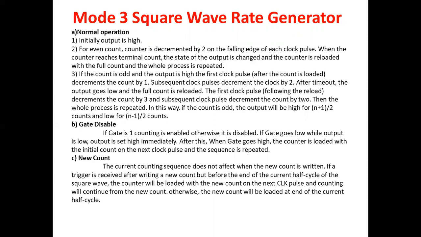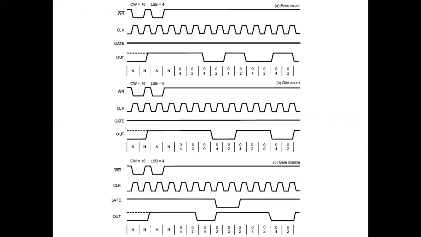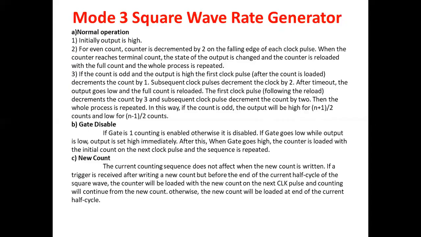The output remains high for half of the count value, n/2 clock pulses, and it remains low for the rest of the count. Therefore, a continuous square wave of specified period can be generated at the output terminal as depicted in the waveform.